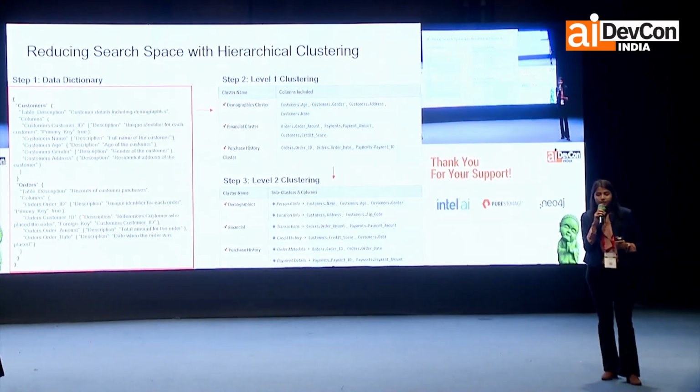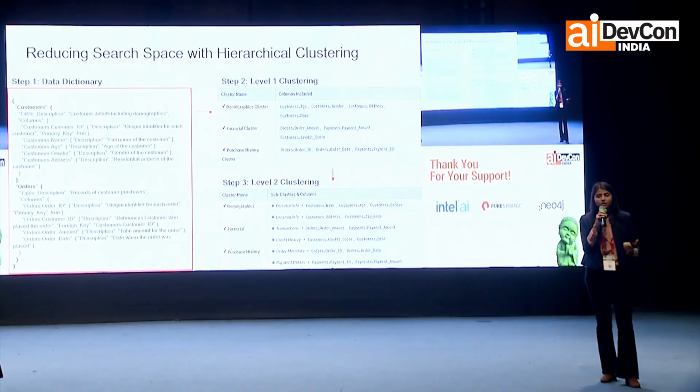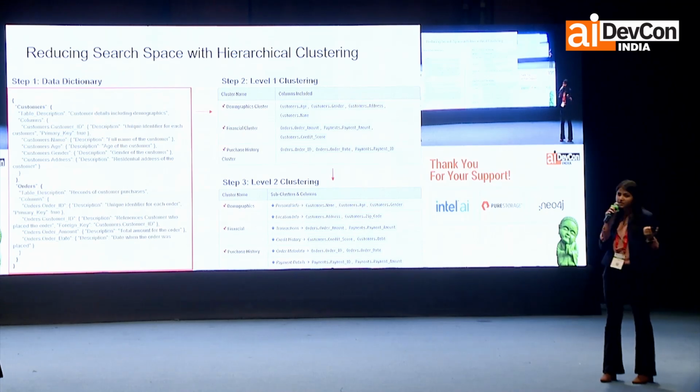Depending on the example that I gave, based on the columns, I may have a demographic cluster. This cluster includes name, age, gender, location, and information of the customers. Another cluster, I may have a financial cluster.